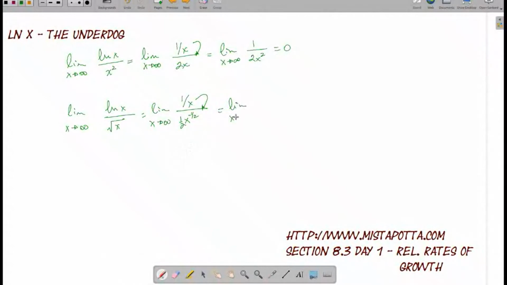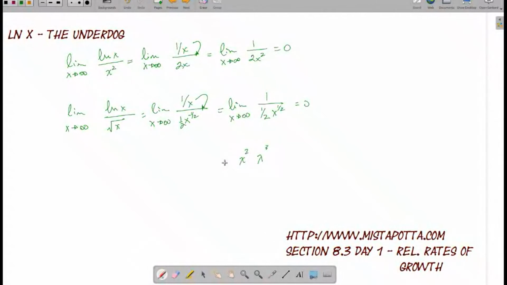But remember that this contributes to the degree of the denominator. So this is going to give me the limit as x approaches infinity of 1 over 1/2 x to the 1/2 power, and this still is a bottom-heavy function. The square root of x function is going to grow faster than the constant 1 function. So this limit comes out to 0.